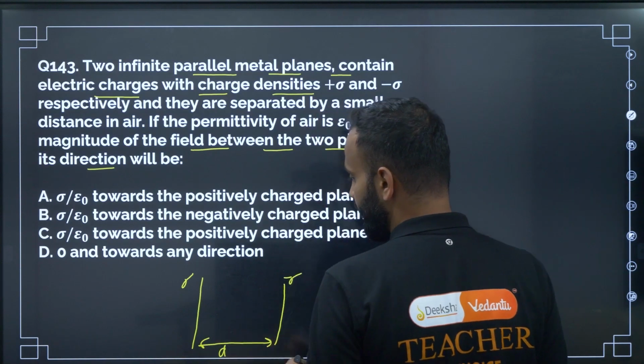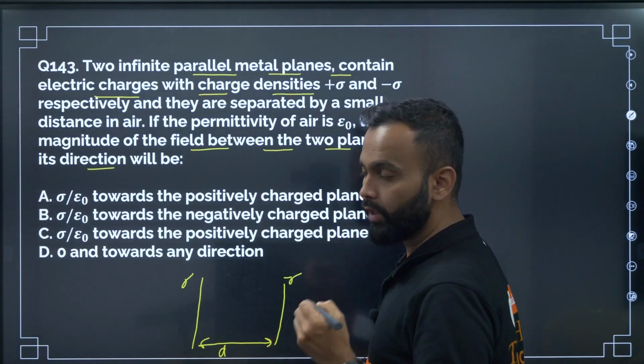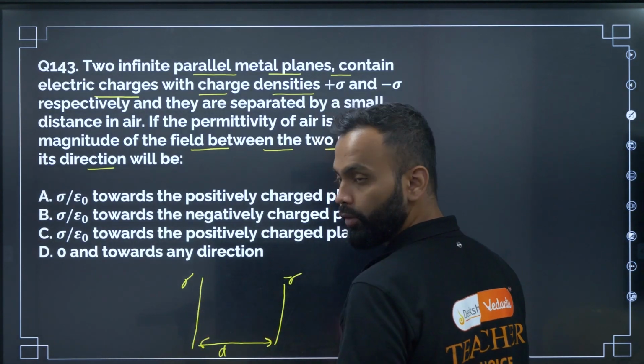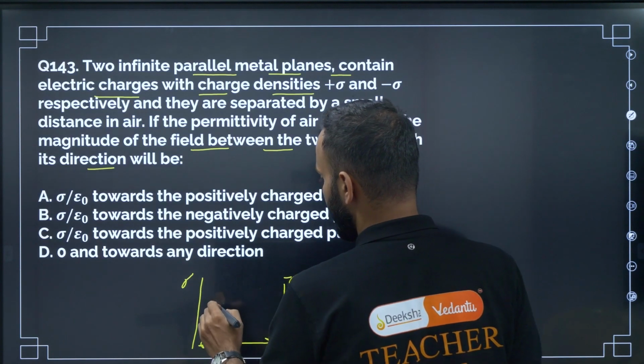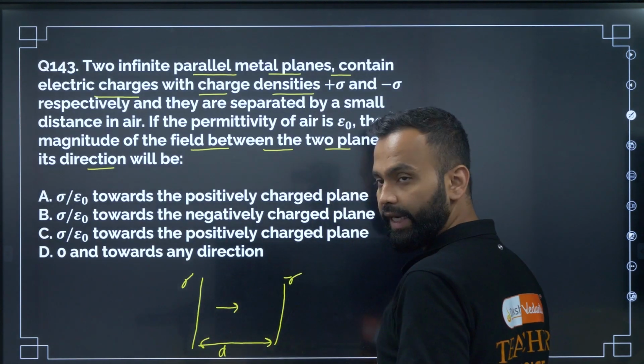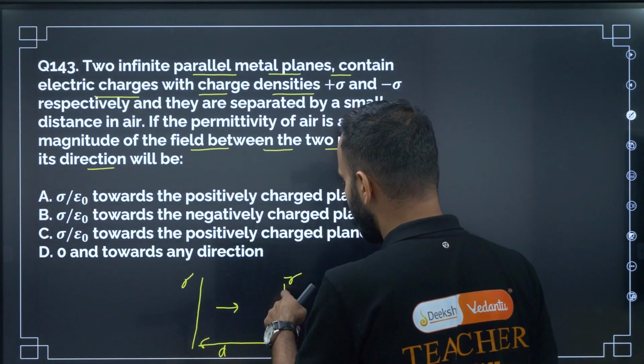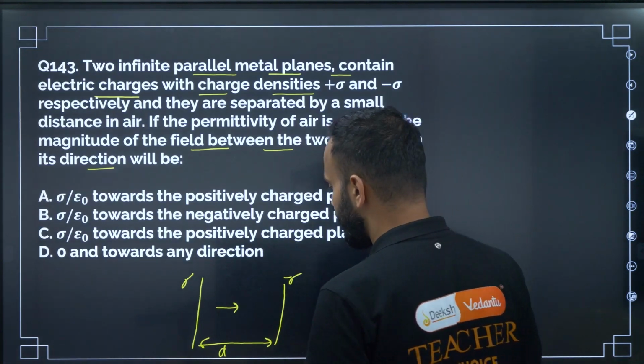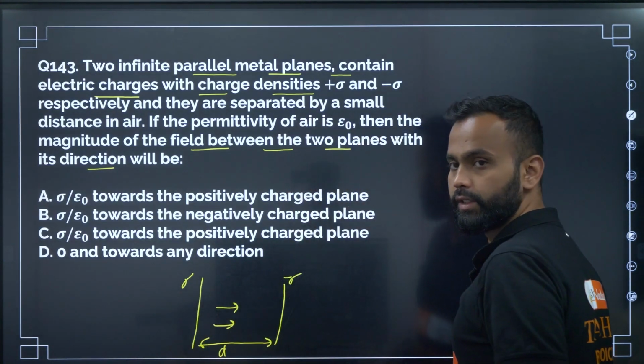We need to find the magnitude of the electric field between the two plates with its direction. What is the direction of the electric field due to the positively charged plate? It is towards right. And due to the negatively charged plate? Again, it is towards right.